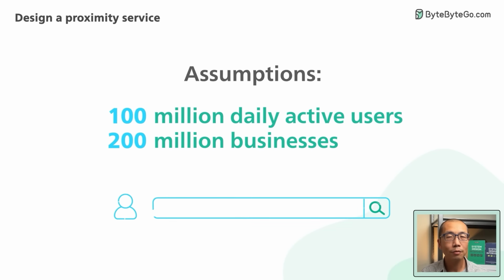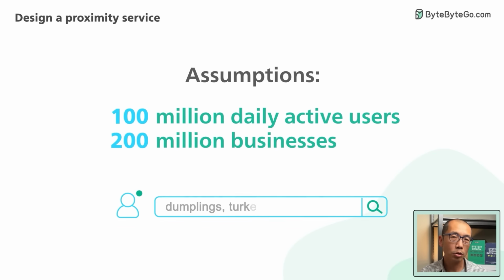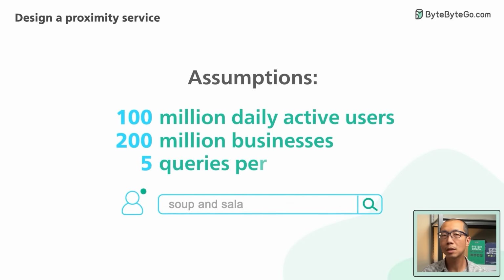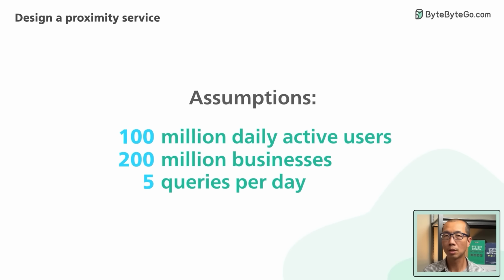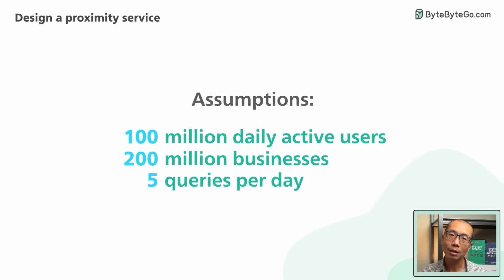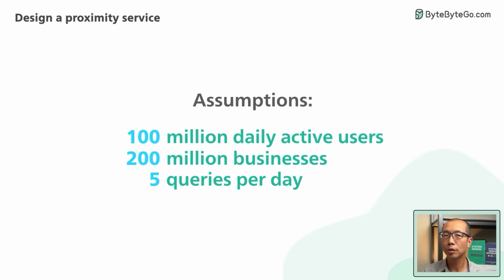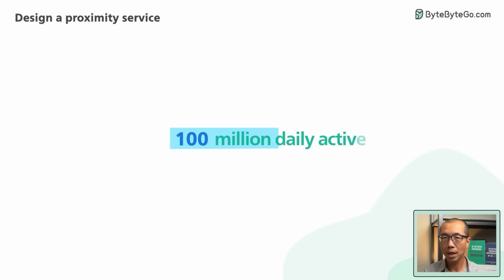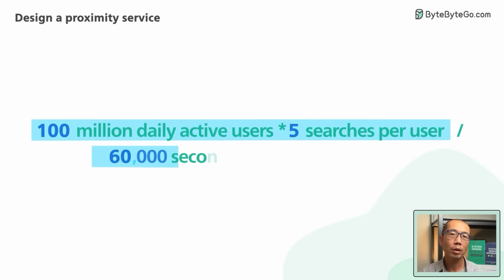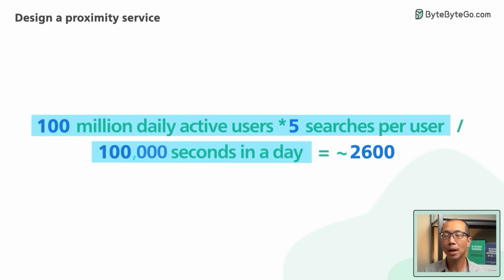For a daily active user, on average, how many search queries do they make? 5 queries per day seems like a reasonable number, so let's use that. With 100 million DAU and 5 search queries per DAU, the search queries per second come to about 5,000.